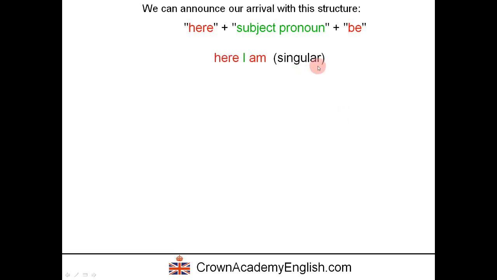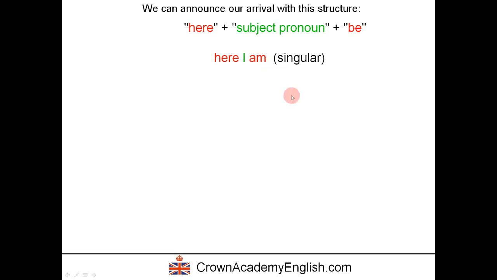We can announce our arrival. So when we arrive somewhere, with "here" followed by subject pronoun followed by the verb be. And there are two versions of this. The first one is the singular. So the singular form is "here I am."